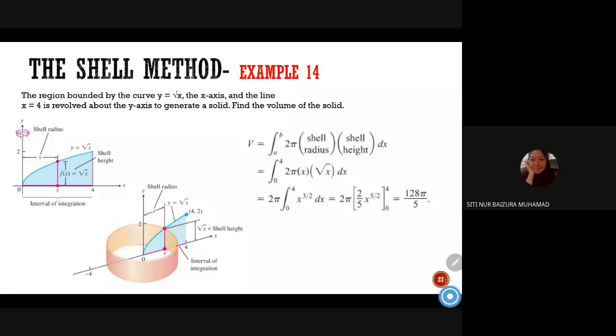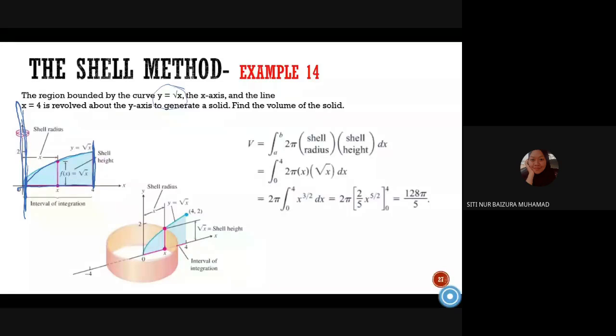The region bounded by the curve y equals square root x, the x-axis, and the line x equals 4 is revolved about the y-axis to generate a solid. Find the volume of the solid.